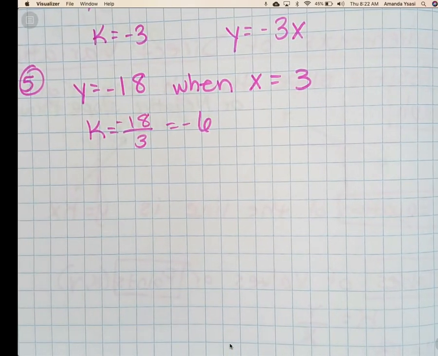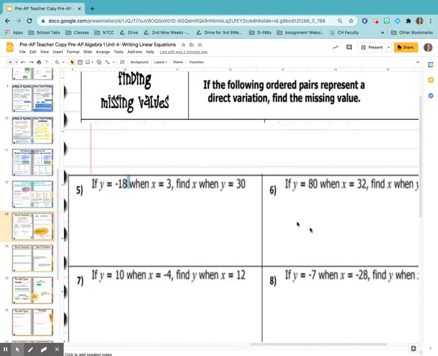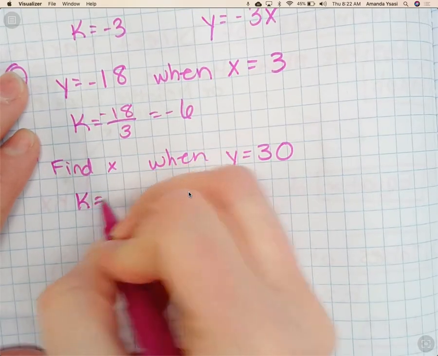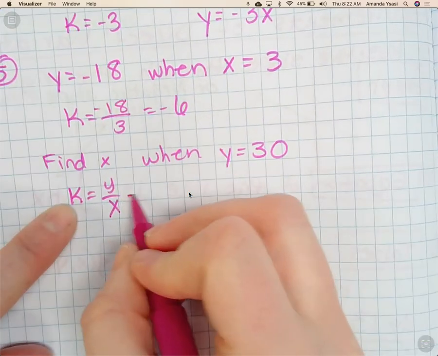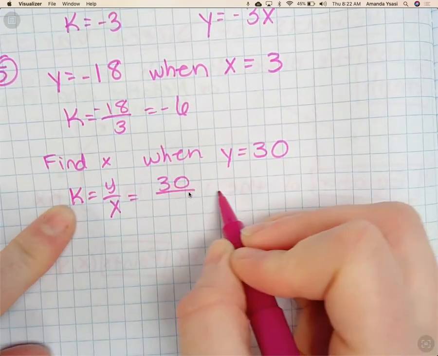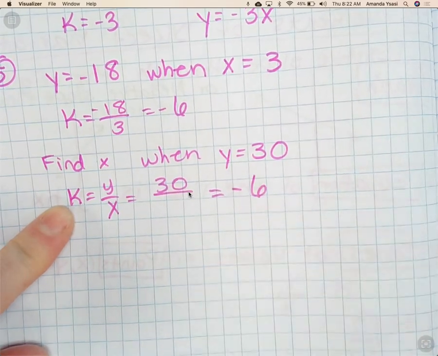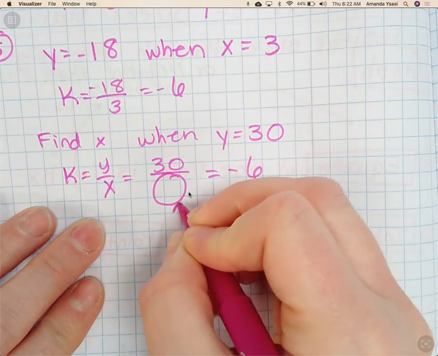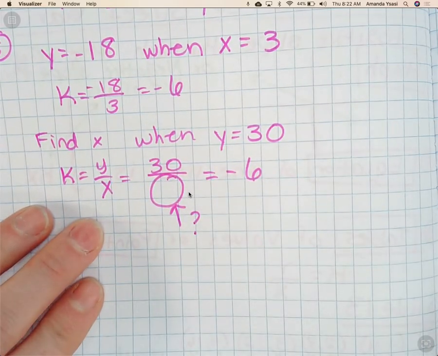And so let's see, what else does it give us? Find x when y equals 30. So k equals y over x, right? So that'd be 30 over what gives us the -6? Yeah, so we know it has to equal -5.